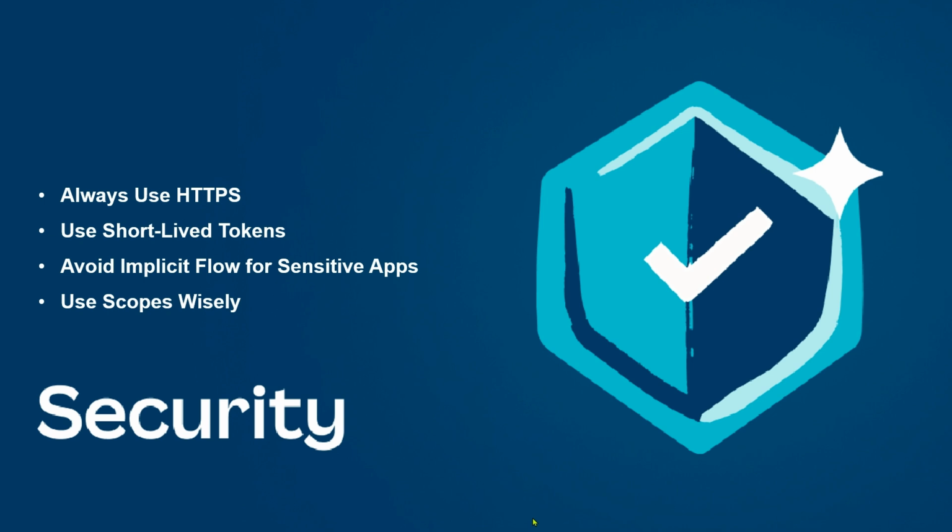The second one is use short-lived tokens. Access tokens should expire quickly. Use refresh tokens to obtain new access tokens without user interaction. Then avoid implicit flow for sensitive apps, because the implicit flow is less secure, so avoid using it for apps that deal with sensitive data.